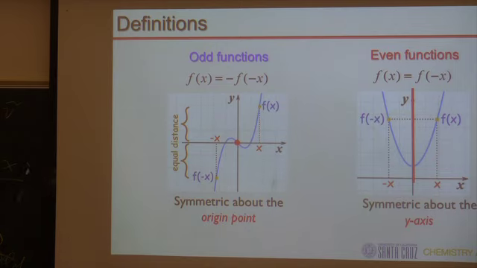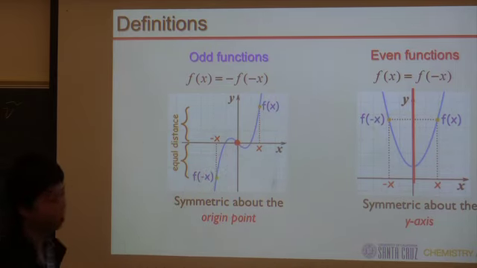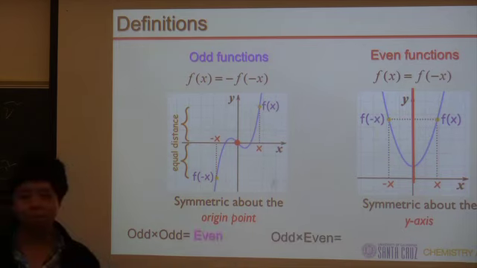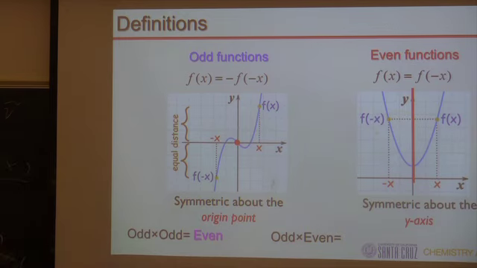It's just a line symmetry. This one is a point symmetry. And we know odd times odd gives an even function. Odd times even, odd function. Even times even, even function.